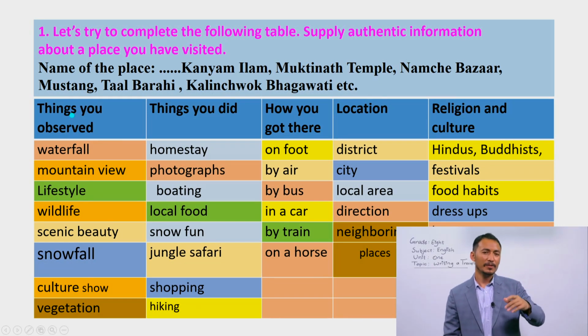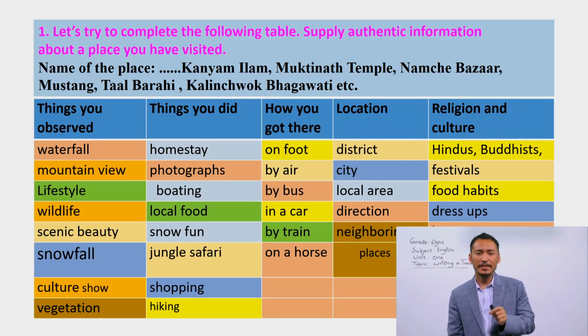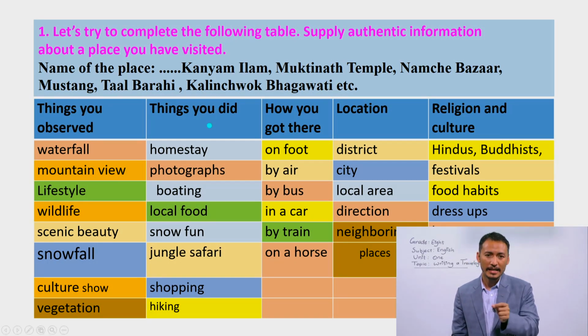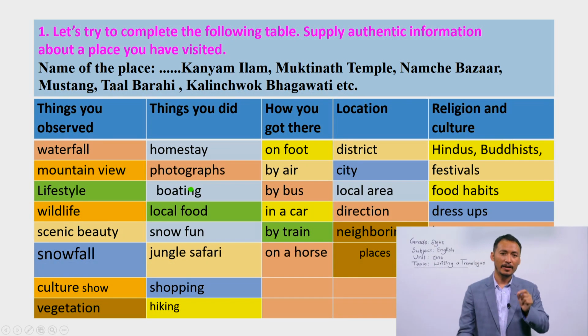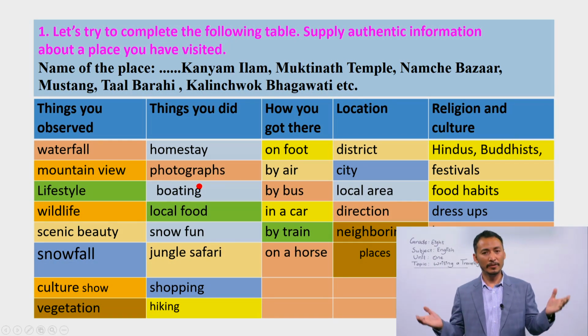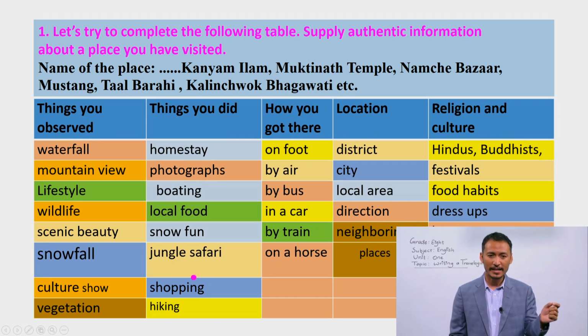What you observed means what you saw with your eyes. What you did means what you actually did with your activities or involvement. So you may do homestay, or photographs, as we said, or boating. You might have tasted local food and had snow fun, a jungle safari, shopping, hiking, and so on. Okay, are you getting the idea now?